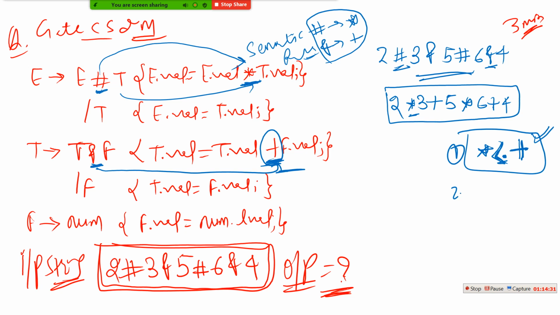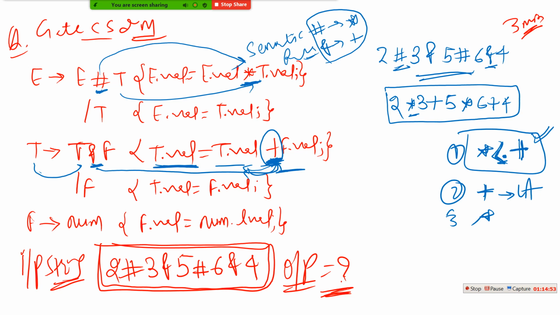Now the second deduction is whether plus is left associative or right associative. If you see T value equals T value dot plus, whatever non-terminal I have on the left-hand side, I have it on the left side of the plus operator. So plus is left associative.